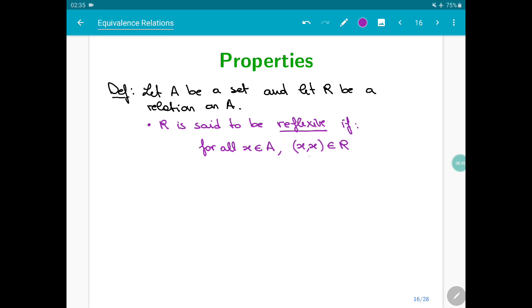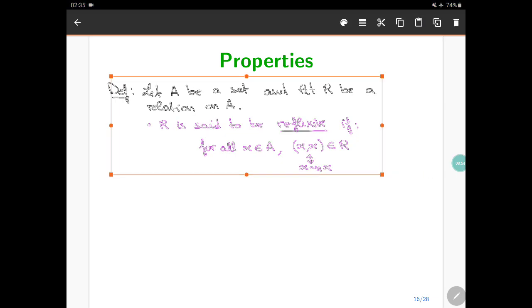And so remember that here writing this corresponds to writing that x is in relation with x. And let's put this a little bit smaller.